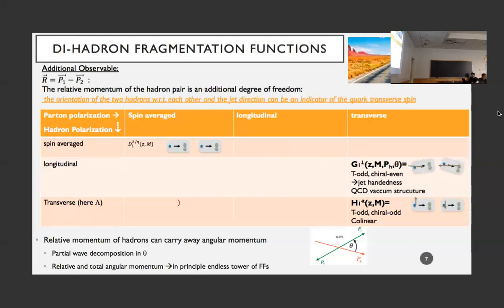This is longitudinal quark polarization, this is transverse.